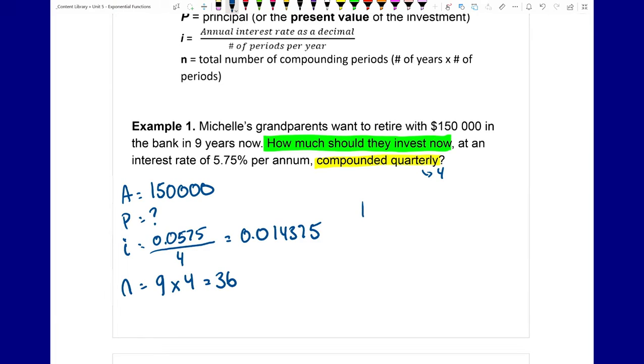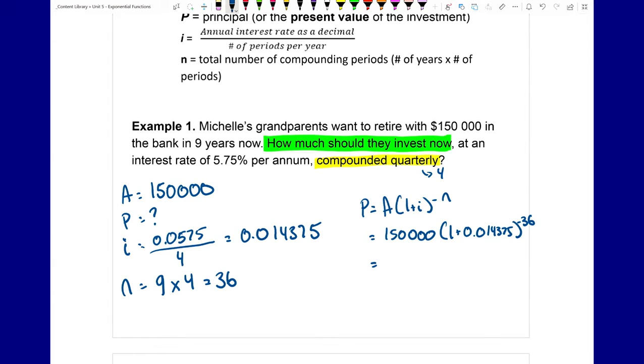Now we can plug everything into our formula. P equals A times (1 plus i) to the power of negative n. I have $150,000 times (1 plus 0.014375) to the power of negative 36.